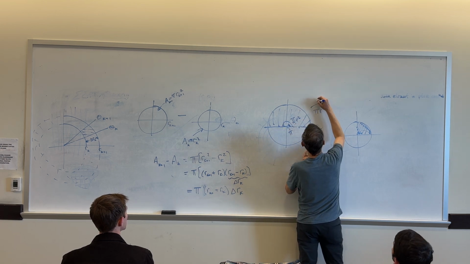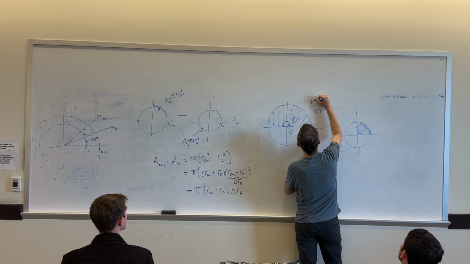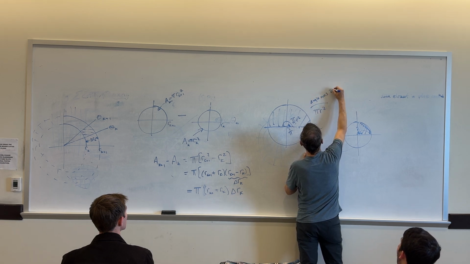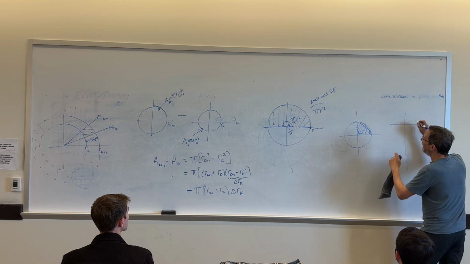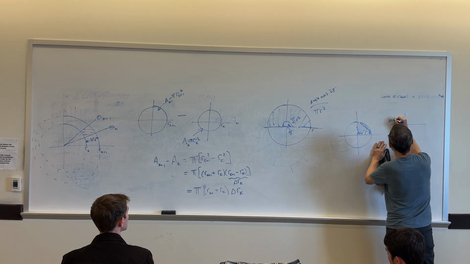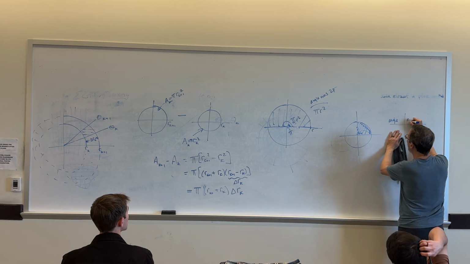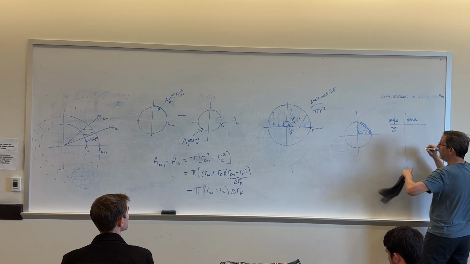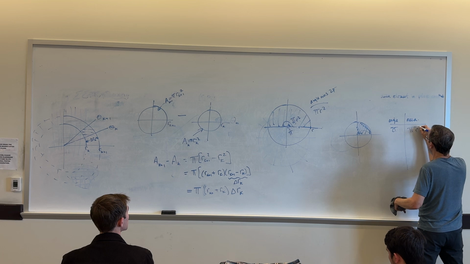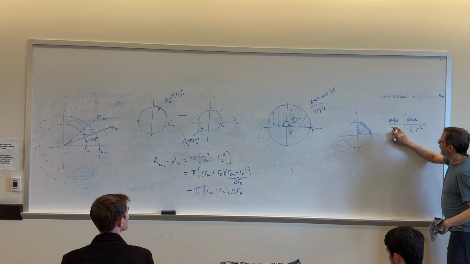So let's actually make a little table here. Angle versus area. When the angle was 2 pi, that's the full circle. We get pi r squared.